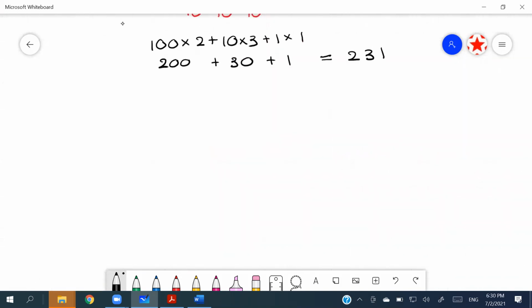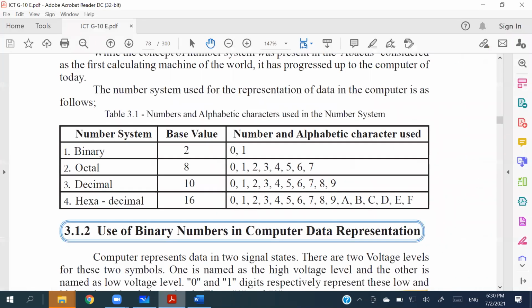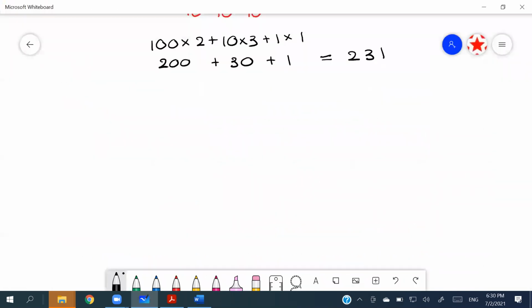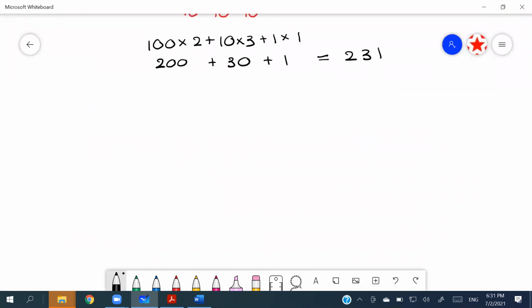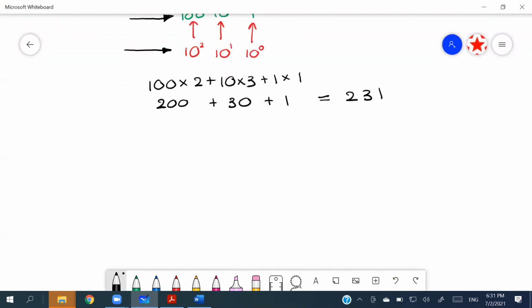So your book has a very nice table regarding the number systems and their characteristics, right? So I'm going to draw this on the whiteboard in a slightly different manner for you to clarify how things happen, right? Now, when we consider a number system, it has a particular name.